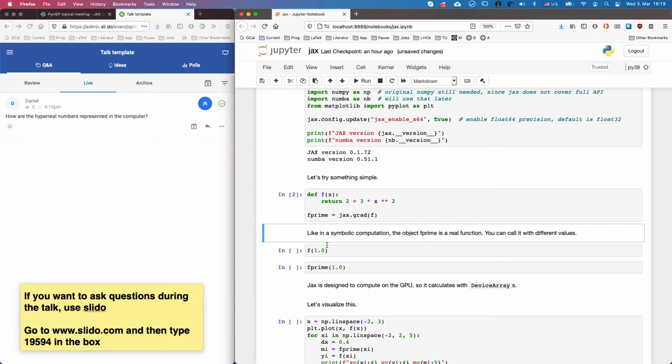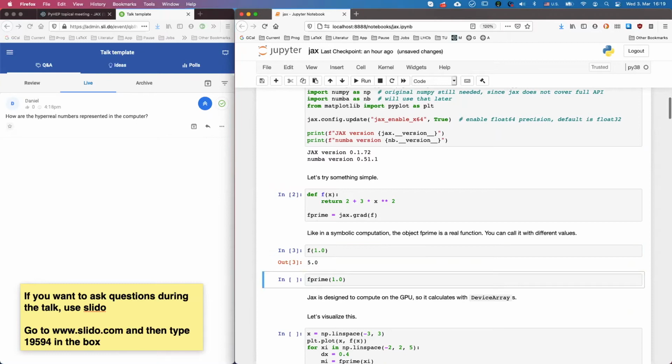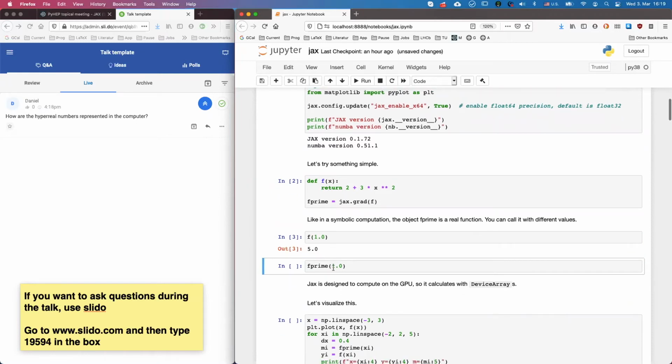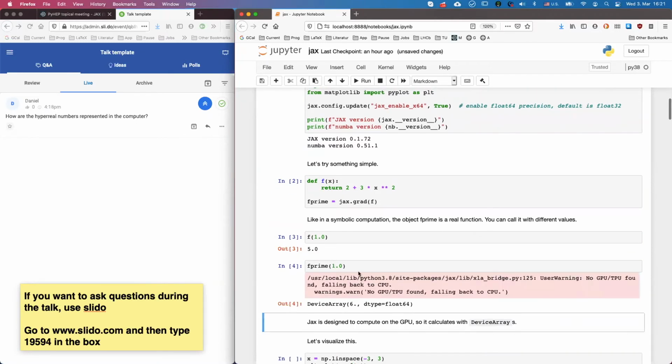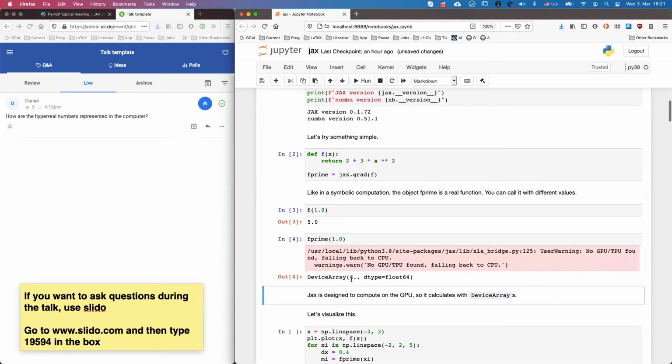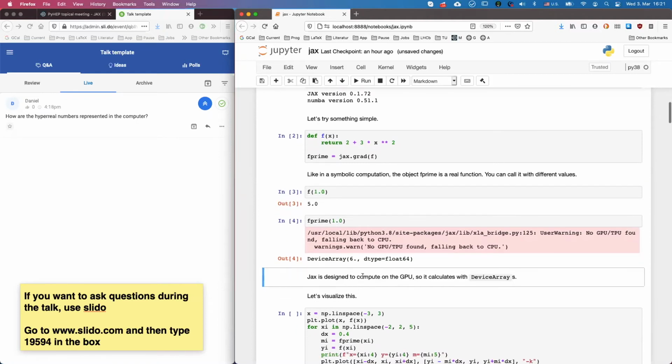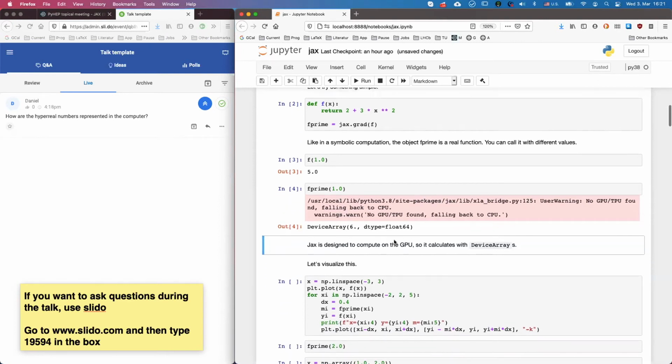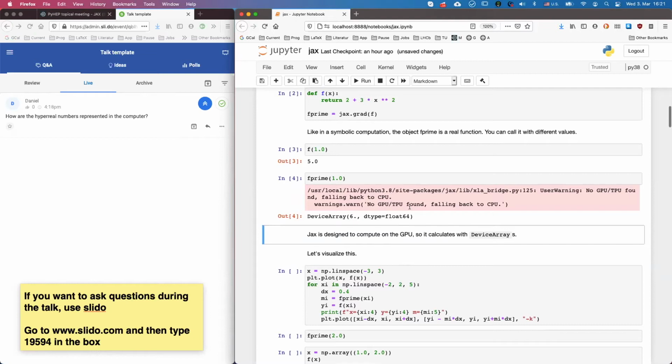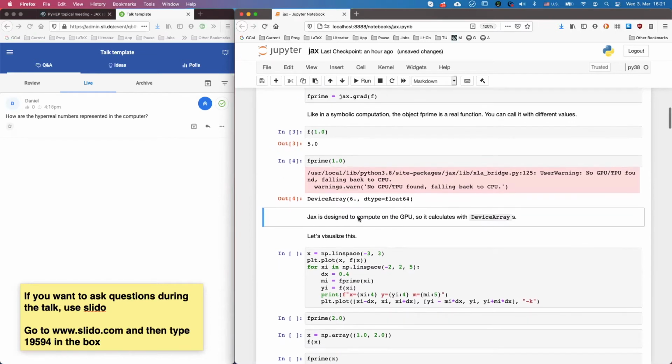Only when we actually call this with an argument do we see something. Here the value at 1 is 5, and now it finally computes something, and it tells me that the gradient is 6 at the same value. This complaint here is because I don't have a GPU, so it does the computation on the CPU. But if you have a GPU, NVIDIA type, or even a TPU, then it would compute there.